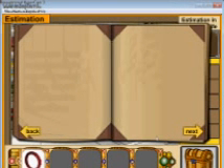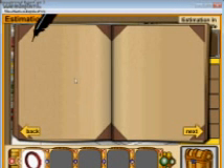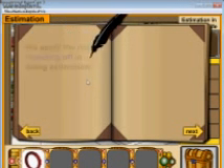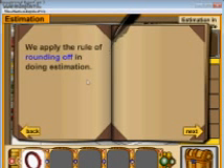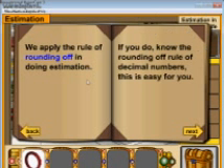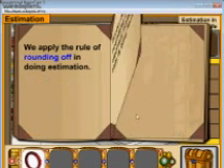More definitions, right? Yes. We apply the rule of rounding off into the estimation. I believe there's gonna be more on that. If you do know the rounding off rule of decimal numbers, this is gonna be easy for you. Yeah, really easy. What's the next pages?